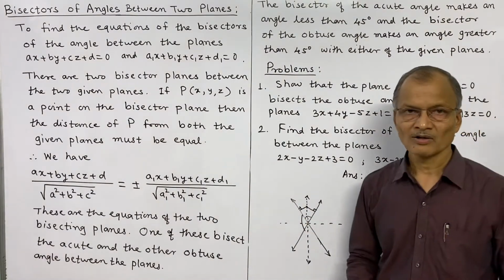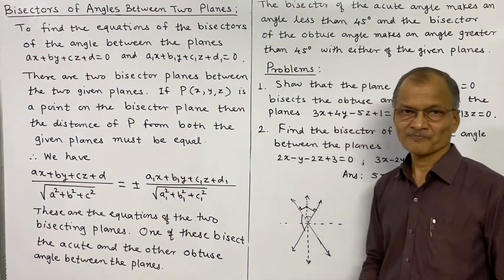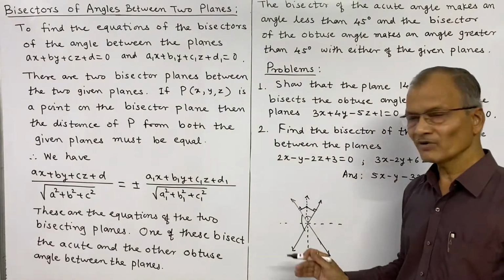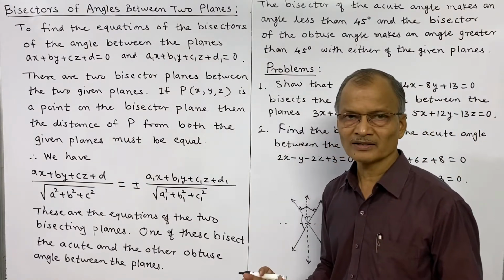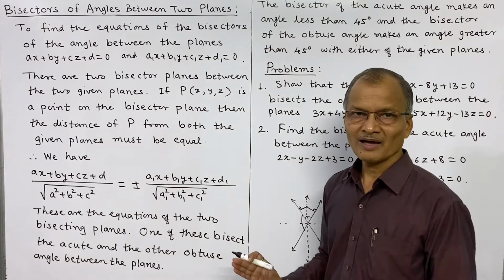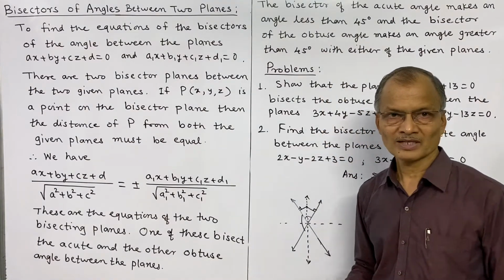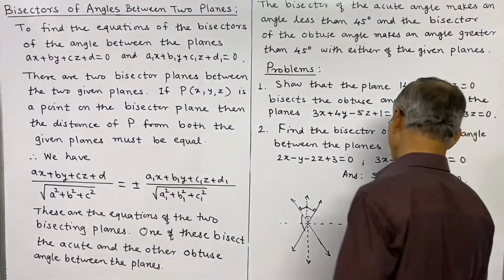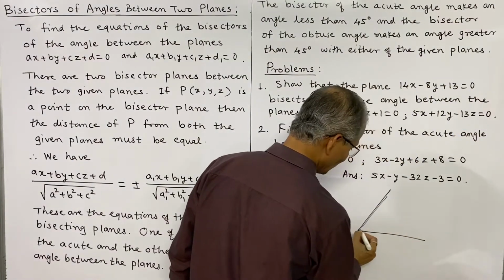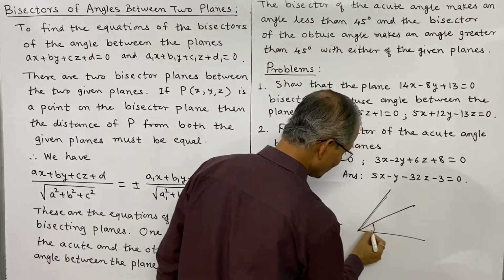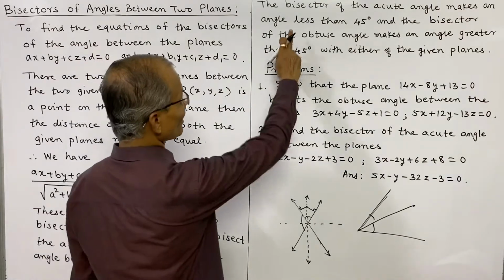Now how to decide which bisects the acute angle and which bisects the obtuse angle? The acute angle will be less than 90 degrees, and if an angle less than 90 degrees is bisected, then the bisecting angle will be less than 45. If this is the angle and it is bisected, then certainly these two angles will be less than 45 degrees. And that is what we have written here.